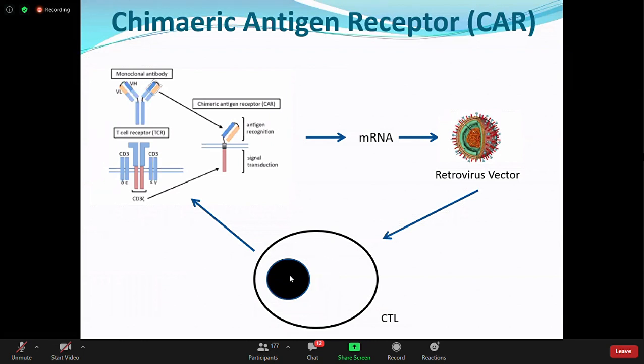So basically what you have then is a cytotoxic T cell with a B cell receptor that can recognize antigen without being limited by MHC restriction. So they can directly attack any surface target and signal to that cytotoxic T cell to kill, just like a CTL does, kill that target cell without needing MHC restriction.